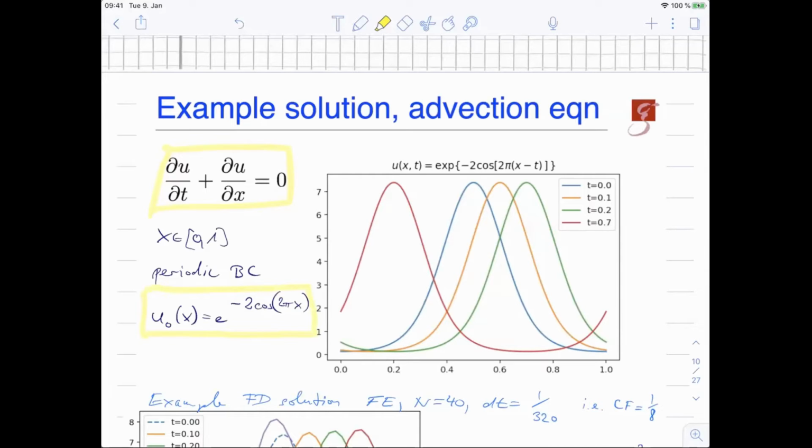And no big surprise, here's the initial solution in blue, time 0. And as you evolve from time 0 to 0.1 to 0.2, the solution moves to the right. And it eventually exits on the right-hand side, but since the boundary condition is periodic, it comes back in from the left. And at 0.7, the solution is here, the red curve, almost back to its original shape.